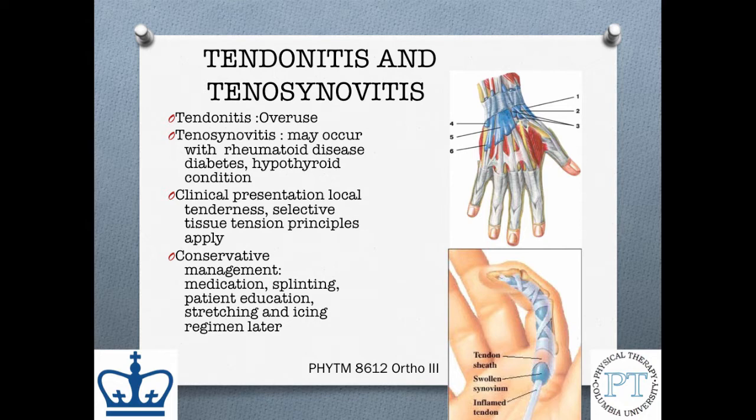And in general, our conservative management would be medication, including anti-inflammatories if it is an itis, splinting to prevent excessive activity in that tendon, patient education to modify their activity to minimize stress to those tendons, progressive stretching and strengthening, as well as icing to cool the area down following activity.